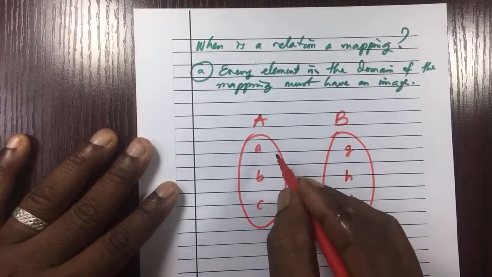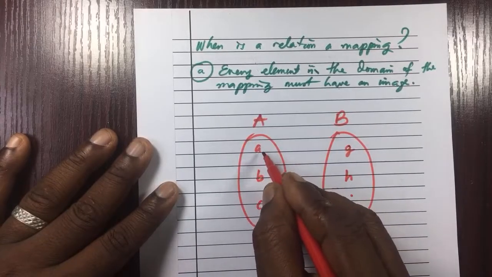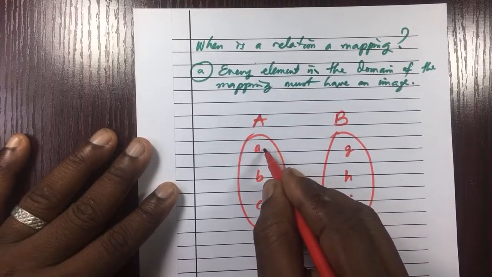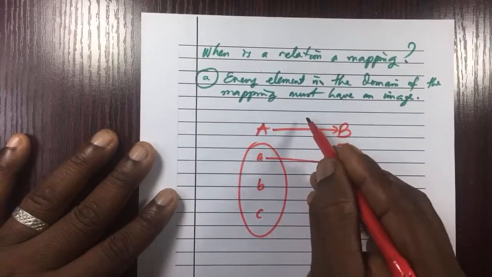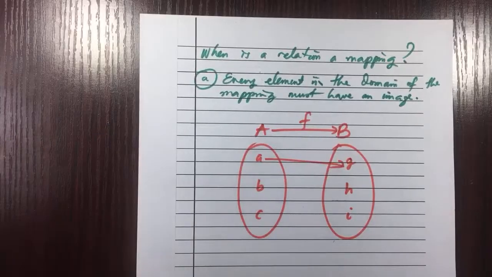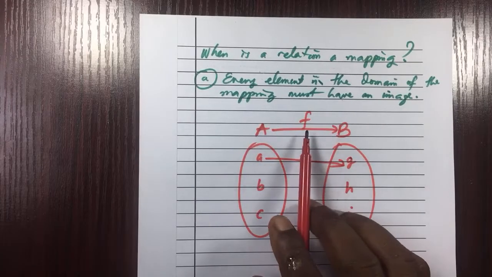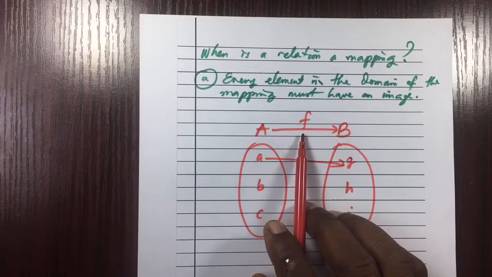Now, if I assign to the element A in A the element G in B, under F, for instance, we are considering at this moment F to be a relation, and we want to answer the question, is F, this relation, a mapping?